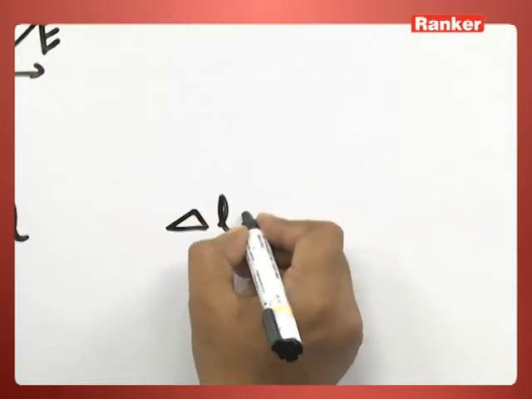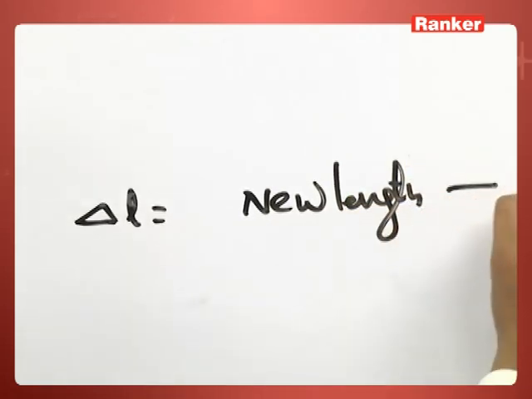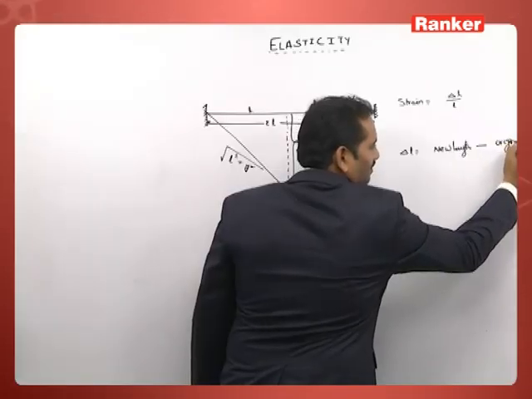Delta L equals new length minus original length.